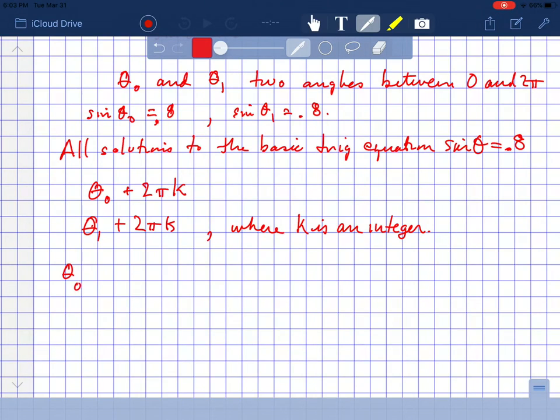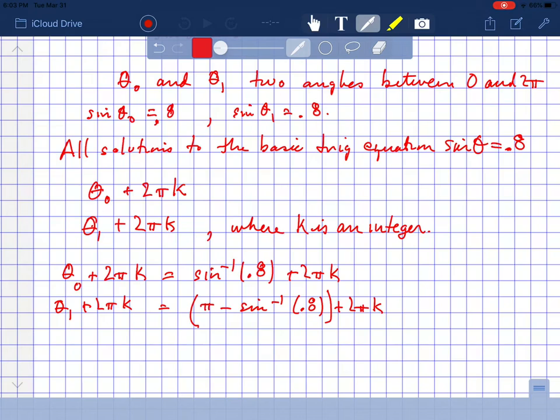Well, I can write theta sub naught plus 2 pi k is equal to the inverse sine of 0.8 plus 2 pi k, and theta sub 1 plus 2 pi k is equal to pi minus the inverse sine of 0.8 plus 2 pi k.